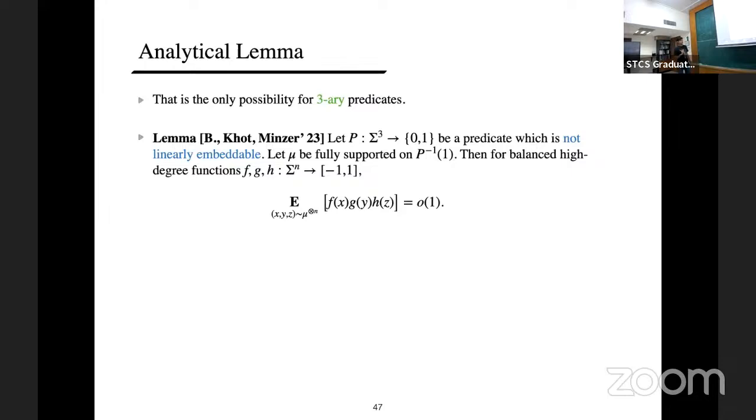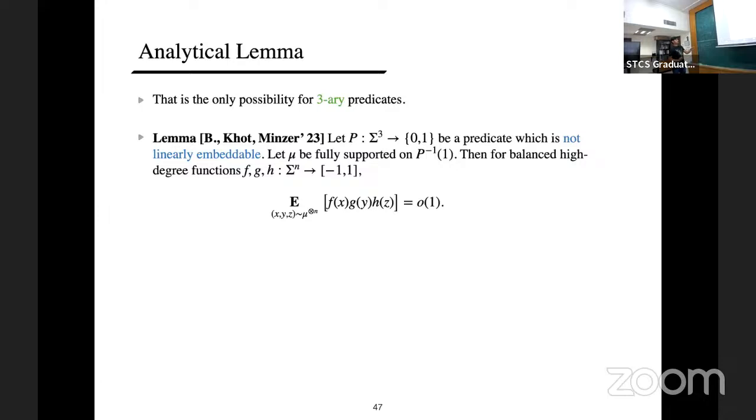Then for balanced high degree functions f, g, h from sigma to R, balanced meaning that the expectation of each of f, g, h is 0 according to the marginal distribution of mu, and they are high degree functions. Then what is this expectation? You are sampling 3 inputs to f, g, h: this is the input to f, this is the input to g, and this is the input to h, where each column you sample independently from this distribution.